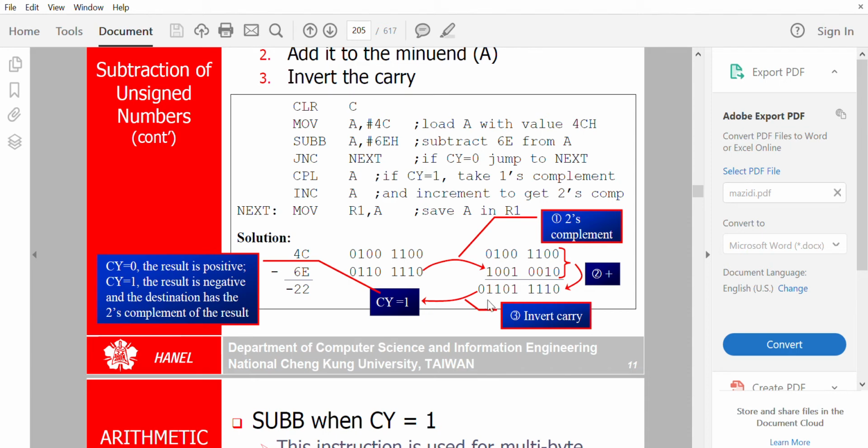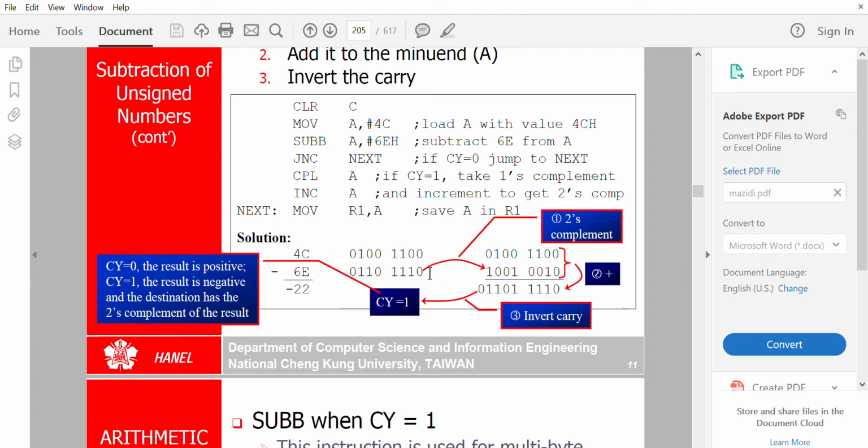So now the carry is equal to 1. If carry is equal to 1 after inverting the carry, after the third step, then the result is negative, and the destination has the 2's complement of the result. And if Cy is equal to 0, then the result is taken as positive.